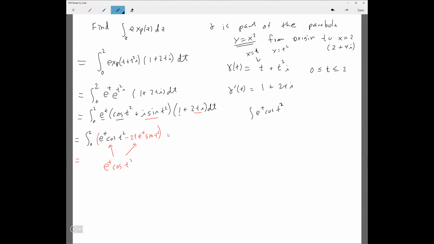And then, let's see, the next term is going to be i times, let's do this term first. So that's e to the t sine t squared.